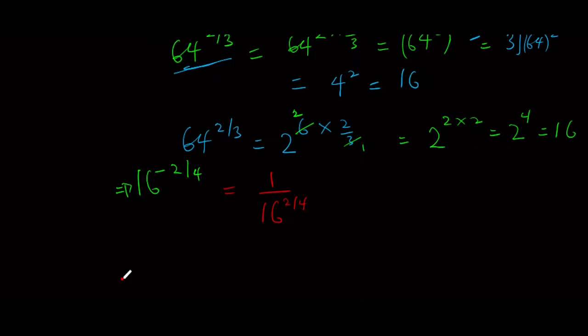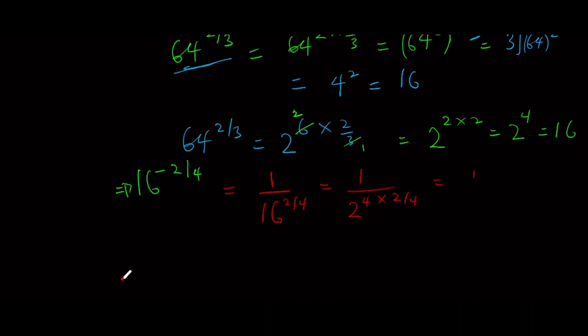Now, let's apply the laws, as you can see on the screen. Feel free to pause the video and try working it out. You can solve it this way. The base 16 is 2 raised power 4. Then I'm still having 2 over 4.